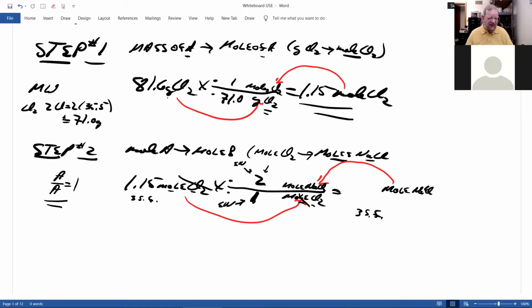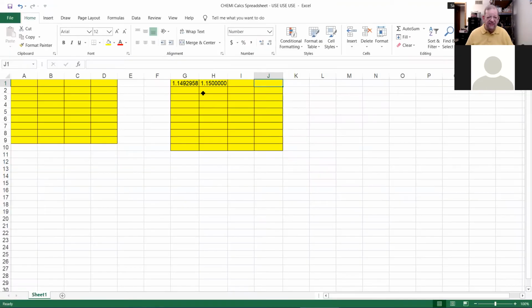But anyways, now I will go back to my calculation and multiply this by 2 and divide it by 1. I now have 2.30 moles of sodium chloride, if I'm rounding off at each step.